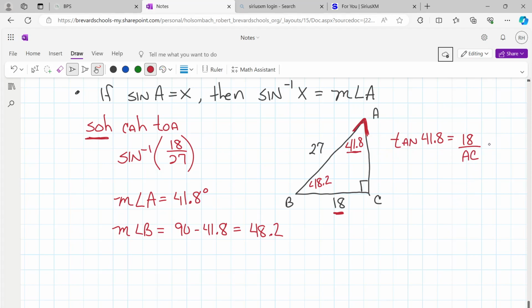So that would be a multiply both sides by AC. The AC's over here cancel. And then we have AC times tan 41.8 equals 18. And we divide both sides by tan 41.8.